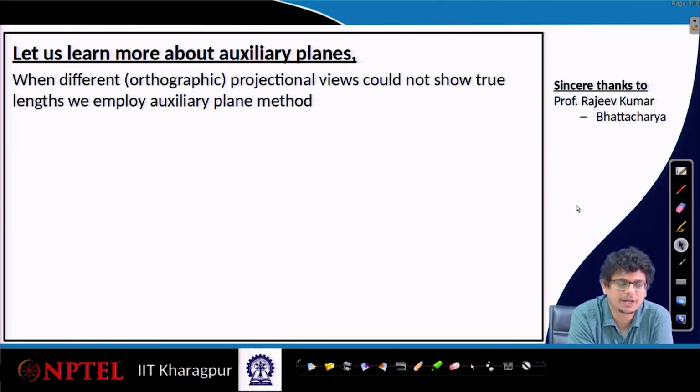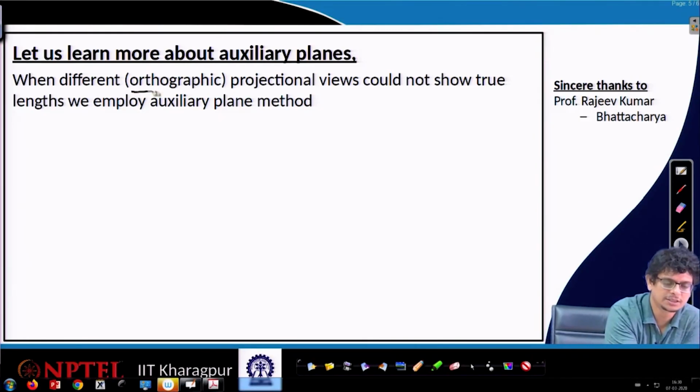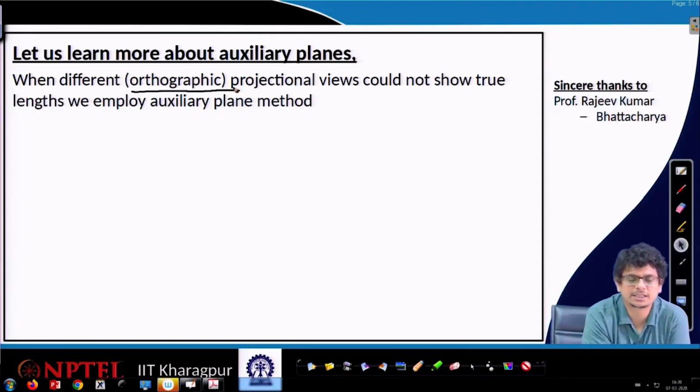So, about auxiliary planes: when different projectional views, especially orthographic projections, could not show true lengths, then we employ this auxiliary plane method.